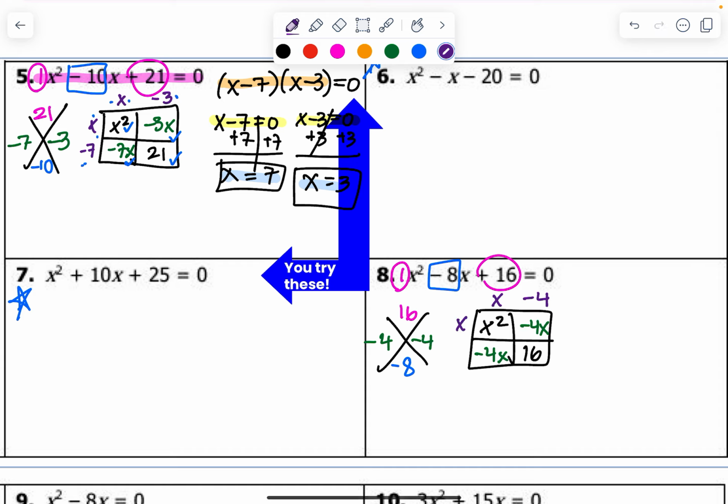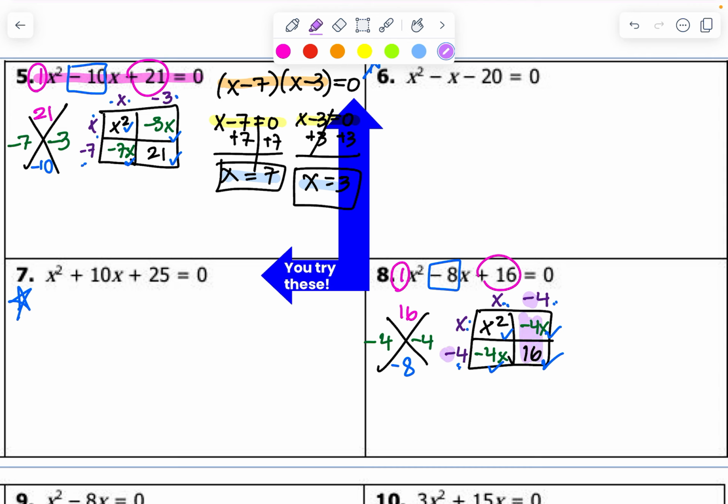Negative 4x and 16, I'm also going to take out that negative 4. Now, when I check my work, if they weren't negative 4, I would have to make adjustments, but x times x is x squared, x times negative 4, negative 4x, negative 4 times x, negative 4x, negative 4 times negative 4 is positive 16.